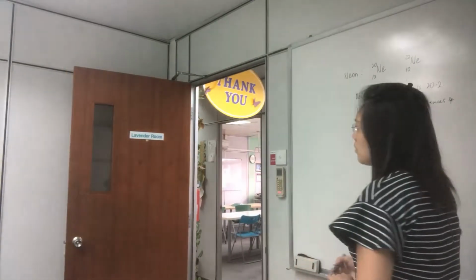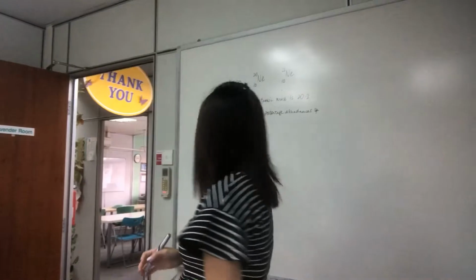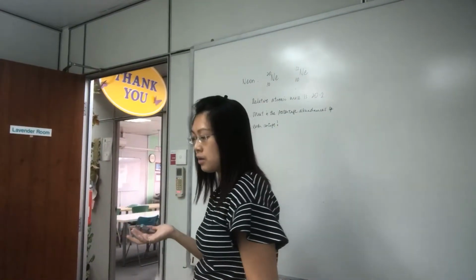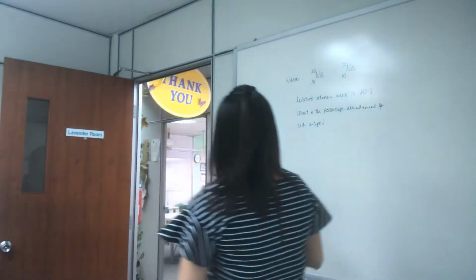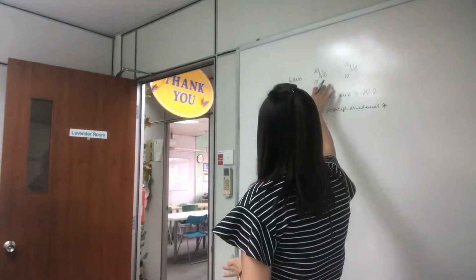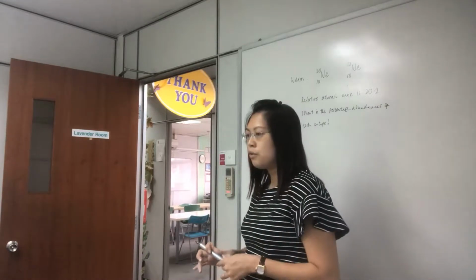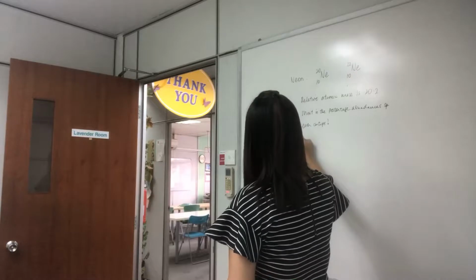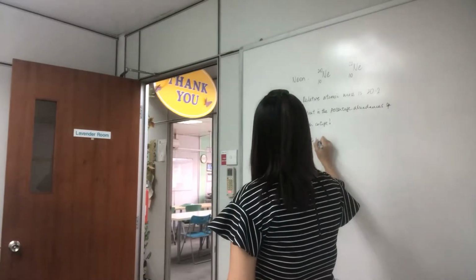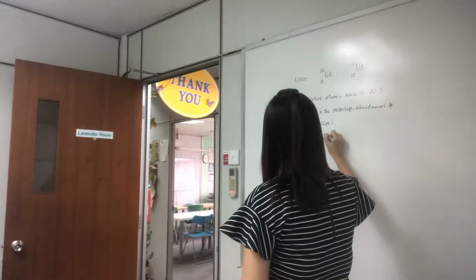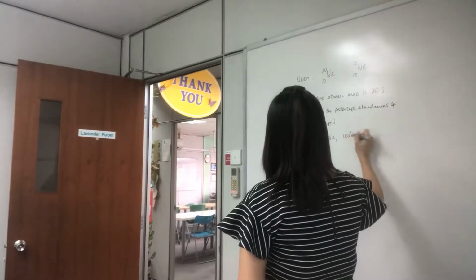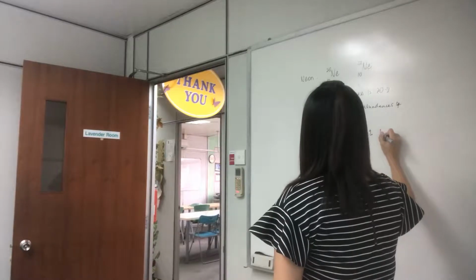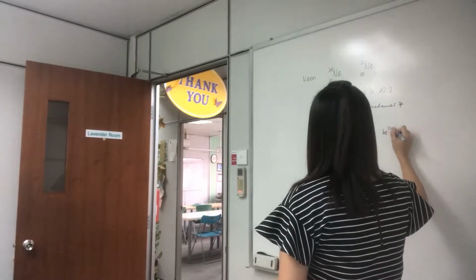If you want to find the relative abundances of each isotope, you have to work it out in terms of x, because you do not know the percentages, but you know that both percentages sum up to 100%. So you can let x percent be the abundance for Ne-20, and automatically 100 minus x percent will be the abundance for Ne-22.